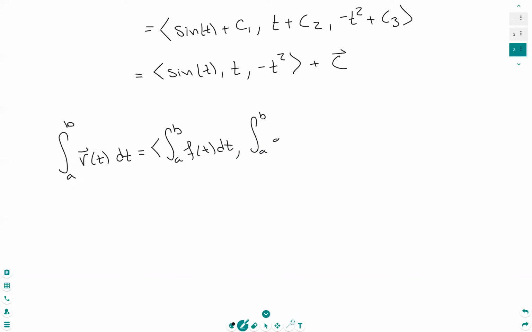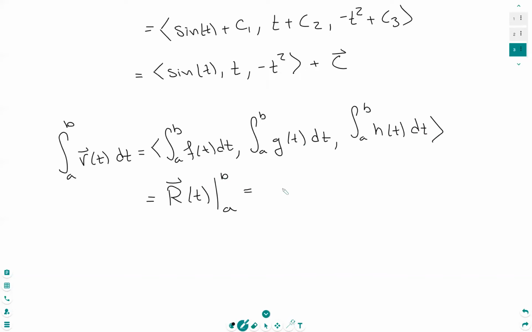So we have each of our components, and here's an integral from a to b of h of t dt. Or we can write this in terms of its antiderivatives again, where we have this capital R of t evaluated at t equals a and t equals b, or capital R of b minus capital R of a.